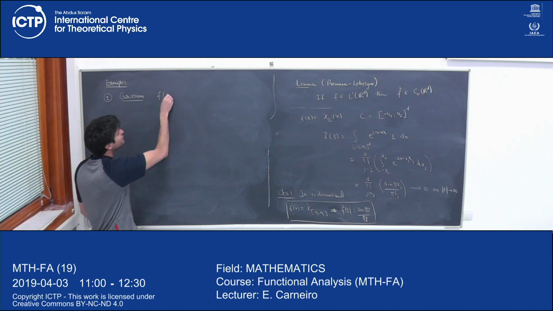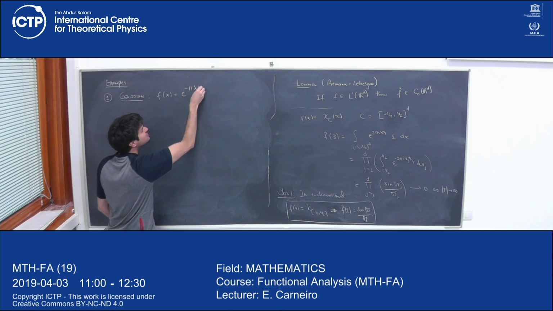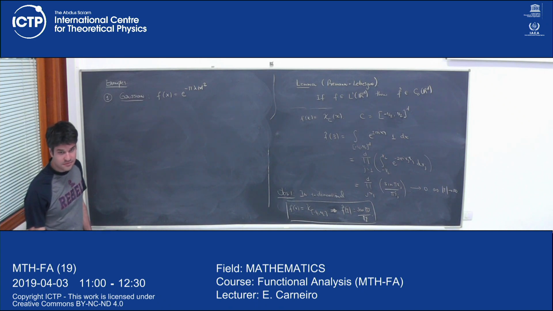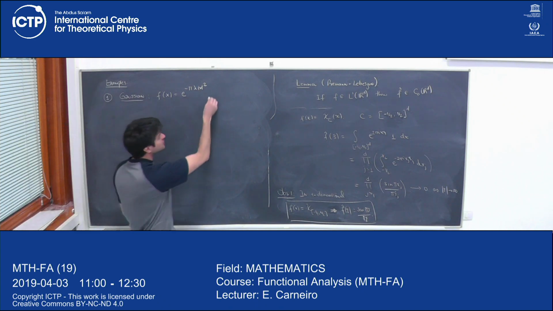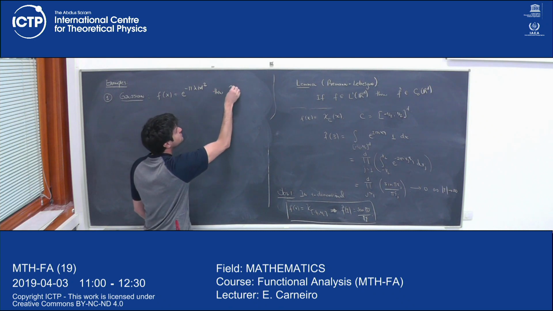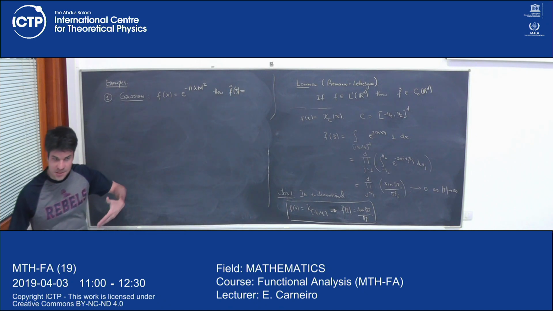So, if your function f of x is e to the minus pi lambda x squared, then the Fourier transform of a Gaussian is essentially a Gaussian.